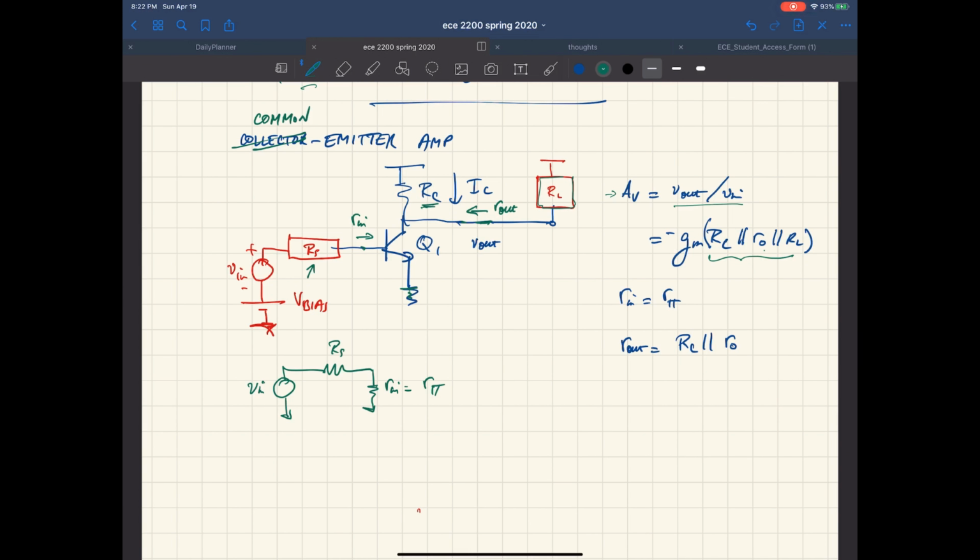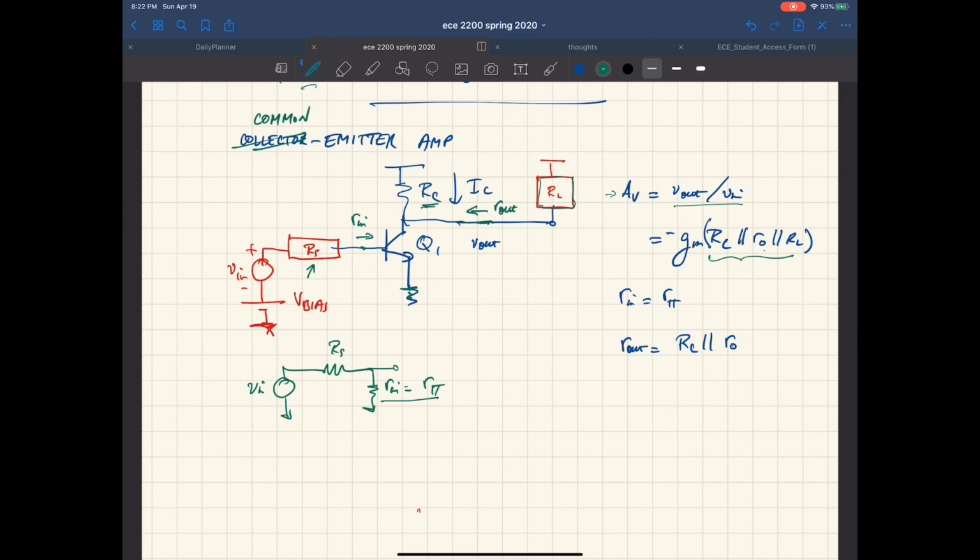So right off the bat you get an attenuation of the voltage, and that drops your gain by that amount. So you want to make R sub in, or R sub pi, as large as possible, but you'll be constrained by other things.